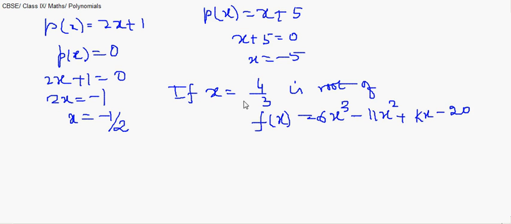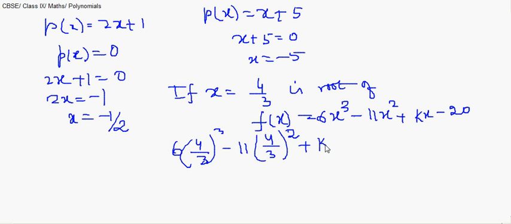When it says 4 by 3 is the root of the polynomial, that means if I substitute this value of x as 4 by 3 in the given polynomial, that should give us a 0. So I write the same thing, substituting this value wherever I have an x with the powers. Oh, I made a mistake, that should be square there. Let the k be as it is, because we have to find the value of that, minus 20.